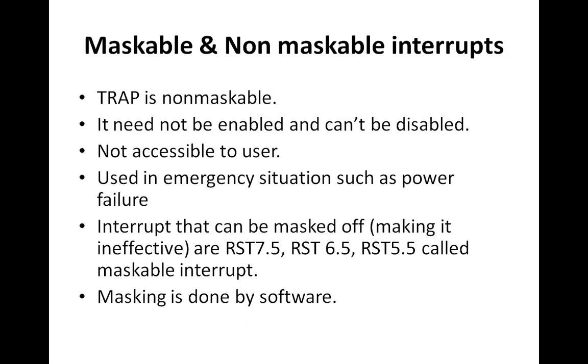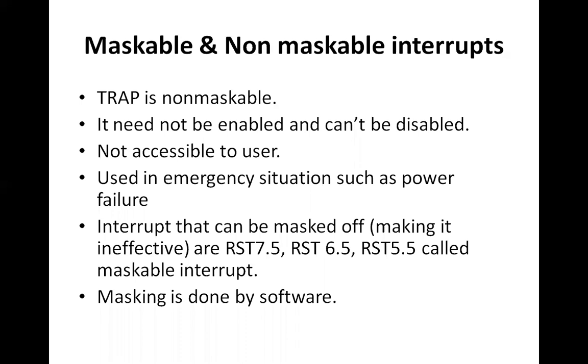Now the interrupts, as I told you, the maskable interrupts are 7.5, 6.5 and 5.5. If we want these interrupts to be ineffective, we don't want any device which is connected with RST 7.5 to interrupt the processor, we can do it by writing a program, by using certain instructions.